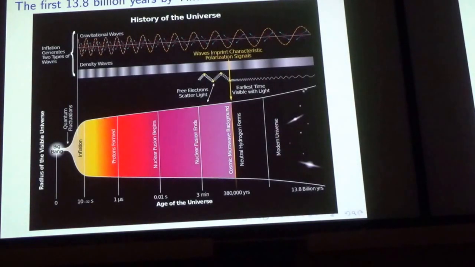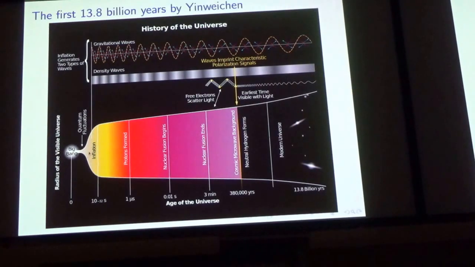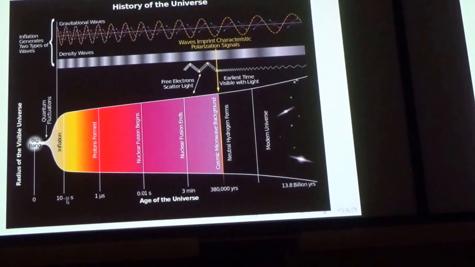Here's another picture that's more recent, and they got the age of the universe more accurately, it's 13.8 billion years. And this is a nice picture because they've got the times more explicit. So a very small fraction of a second for inflation.